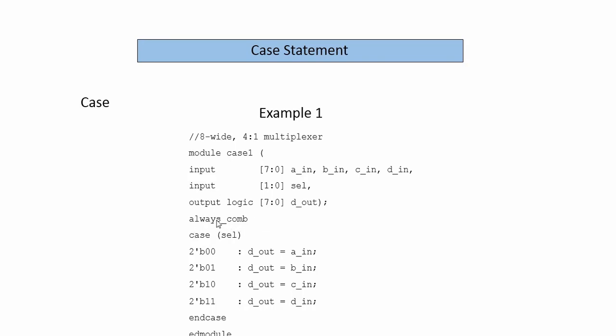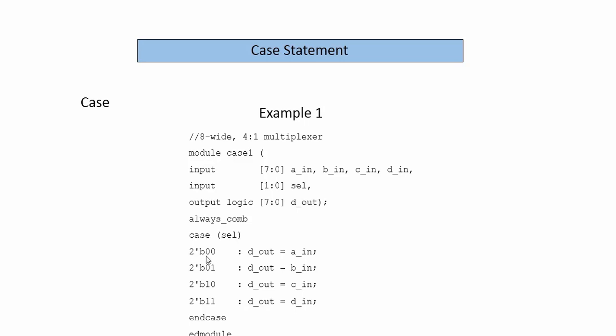The always block has been started. This is a different way of stating an always block. Then we have case with the expression of selection. When the value of SEL is 2'b00, this signifies a 2-bit wide binary value of 00.